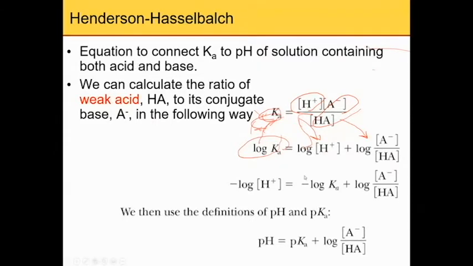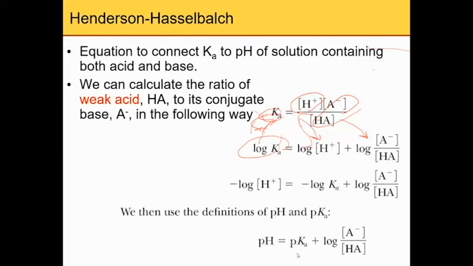All right? Do you understand this so far for this equation, the relationship between the pH and the pKa? So pH equals the pKa plus log conjugate base over the acid.